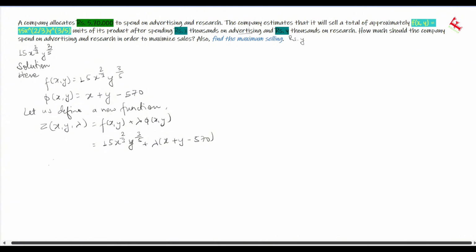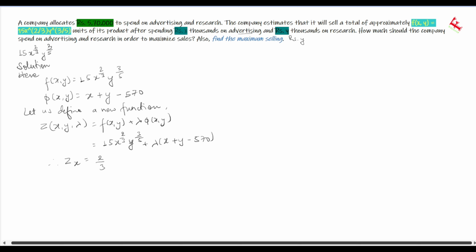Now we are going to find the differentiation of this function in terms of x. What we'll get? See here, 2/3, in terms of x, this y is considered as constant.